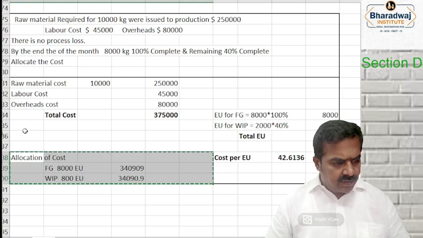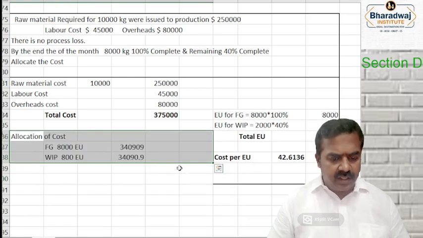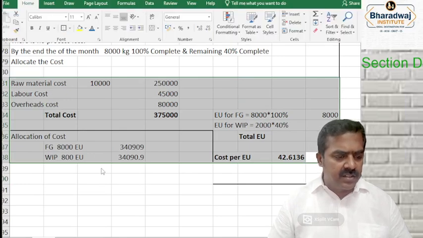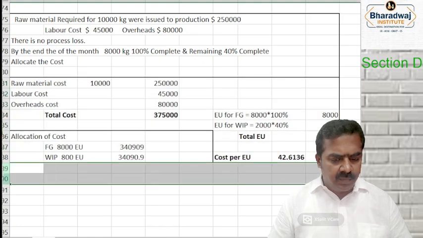Okay. Next stage, we will learn about how to allocate equivalent units if there is a normal loss.